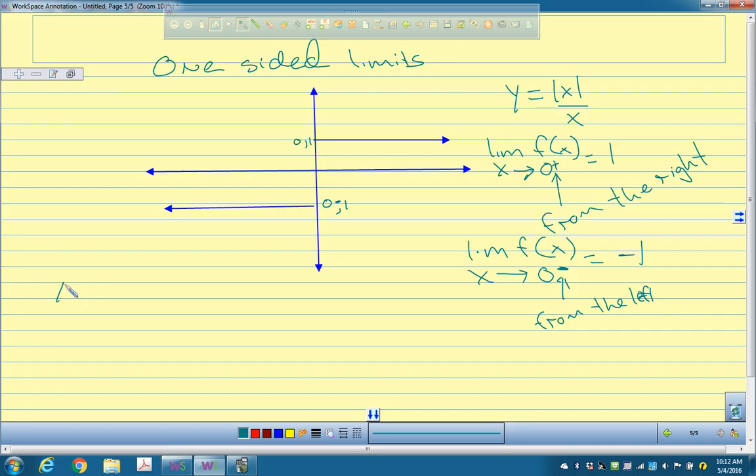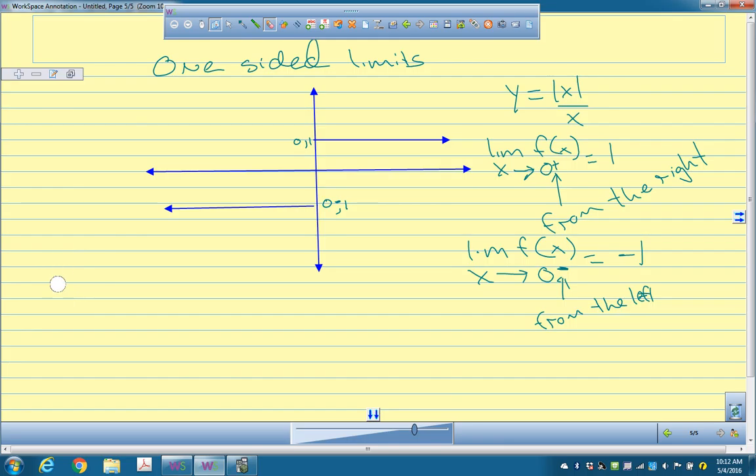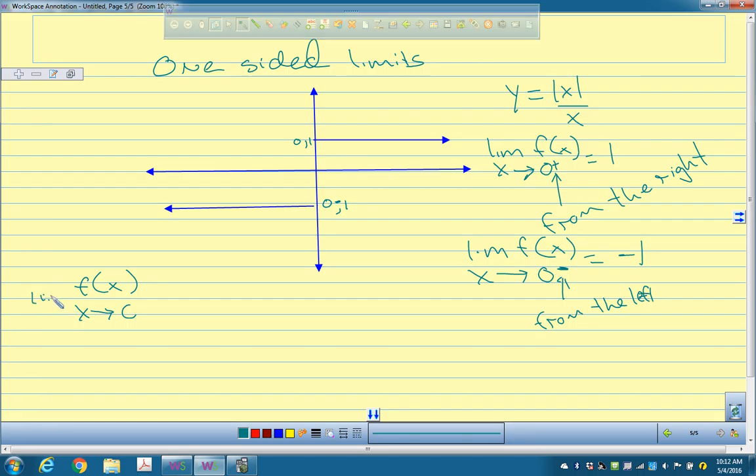a function has a limit. Let me write this. F of x as x goes to c, okay? The limit of f of x as x goes to c is equal to L if and only if.